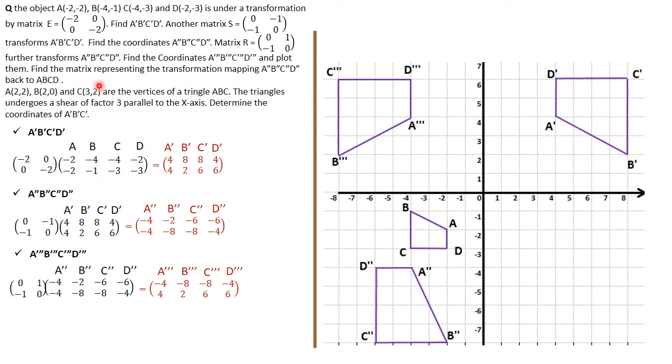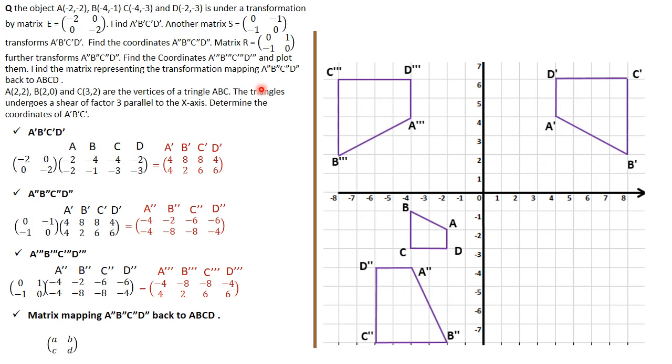We're told to find the matrix representing the transformation mapping the second image back to the object. Therefore, we're going to say this: let the matrix of transformation be ABCD, and we pre-multiply that with A B. I just take any two coordinates of that particular quadrilateral.